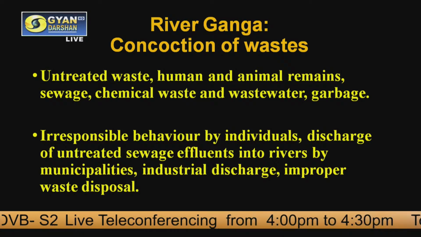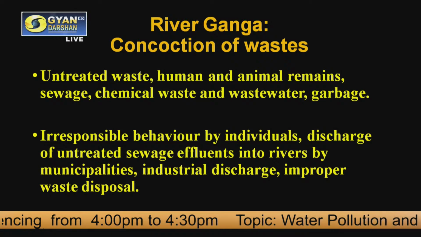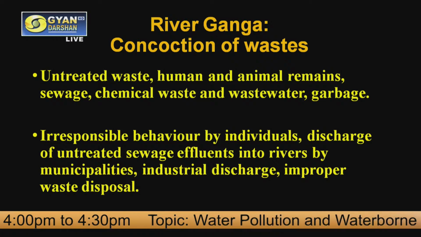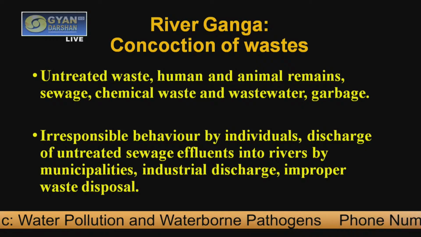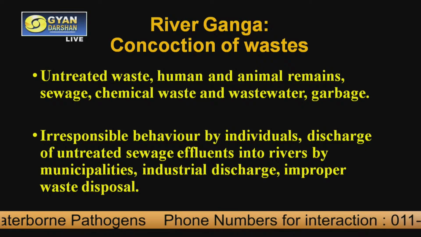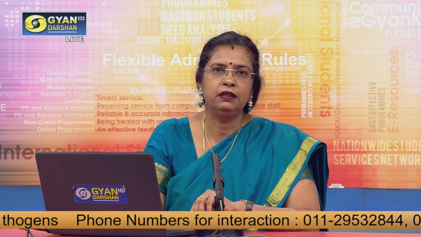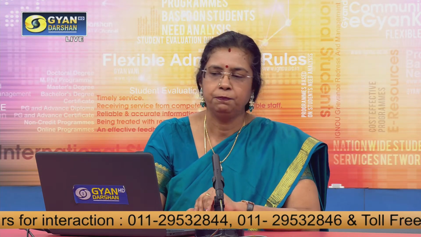And all this is due to the irresponsible behavior by individuals, by us, by the discharge of untreated sewage and effluents into the rivers by the municipalities, and industrial discharge and also improper waste disposal. So all this can result in the river being polluted with several toxic pollutants.